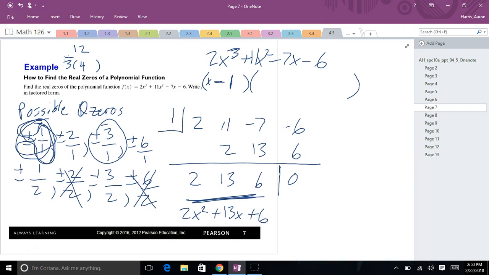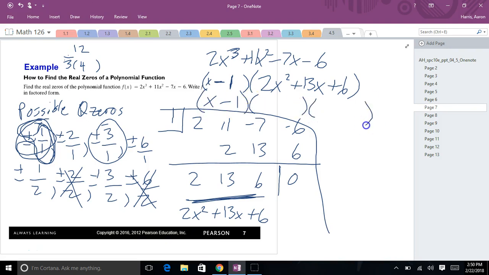That's going to go right here: 2x squared plus 13x plus 6. So there's our quotient. Now we're trying to write this thing in completely factored form. So forget about this for a minute, we have x minus 1.